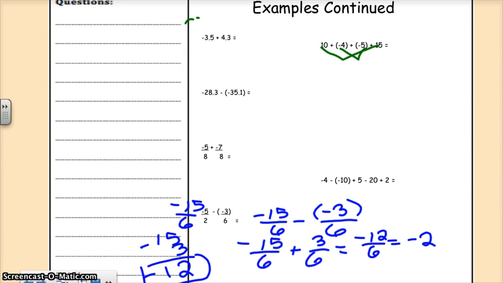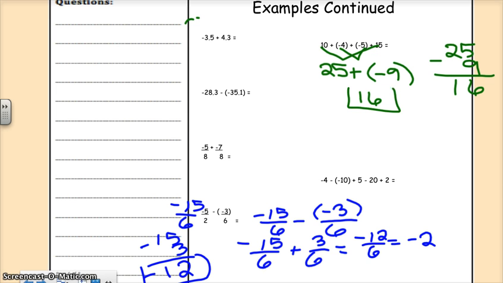Add the positives, add the negatives. So 10 plus 15 is 25, plus negative 4 plus negative 5 is negative 9, right? Opposite signs, take their difference. That would be 16, right? The positive is further away, so it would stay positive.